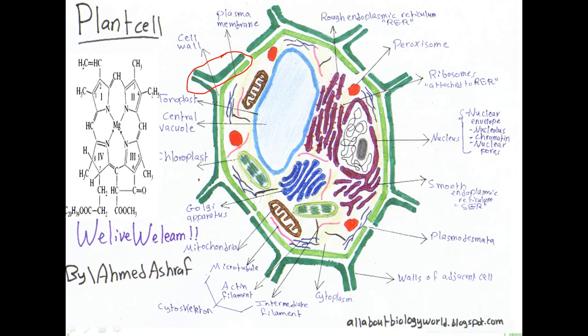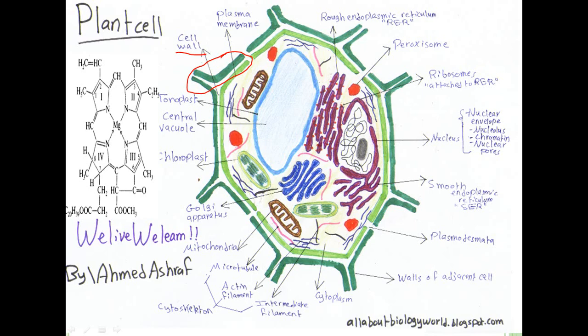We have cellulose, whose monomer is D-glucose connected in a beta 1,4 linkage. We have hemicellulose and lignin. These three compounds make up the cell wall of a plant, and it provides the plant its rigid structure. And this is what differentiates a plant cell from an animal cell.